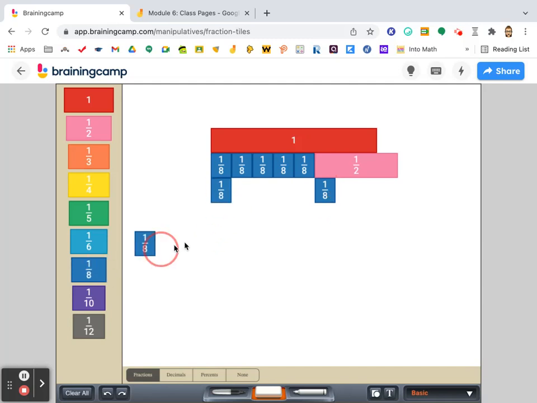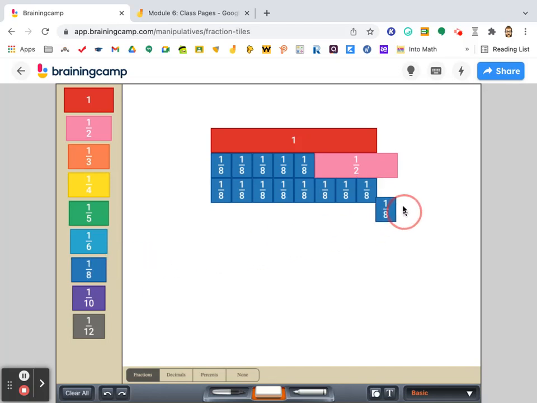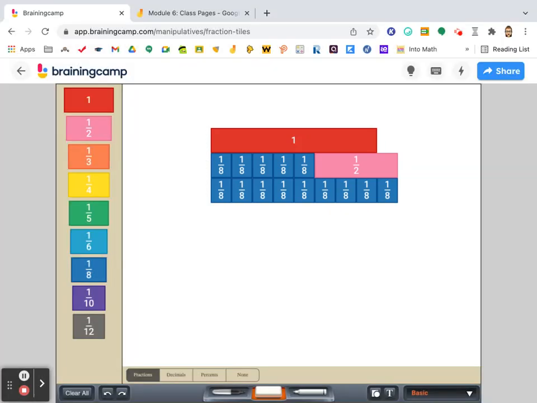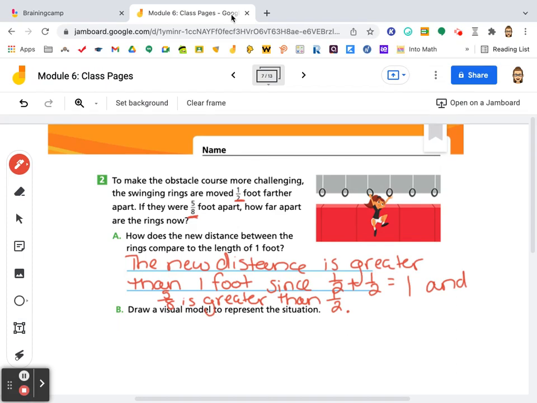So we know we have 1, 2, 3, 4, and 5. And then we fill it under the 1/2 to get our answer there. Put this in.